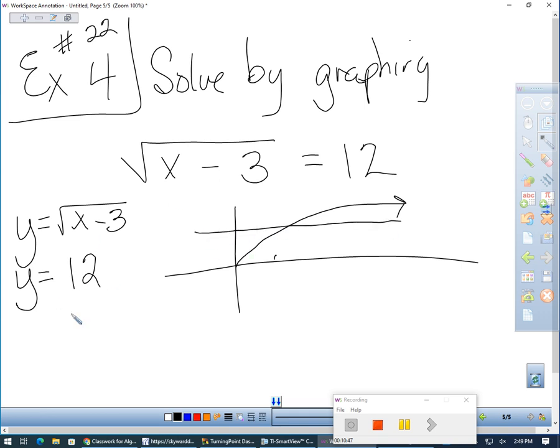So where they cross, where they intersect, is your solution. Again, it's stuff we've done before. I just want to explain what your book is trying to ask you to do. So you can solve it algebraically or you can solve it graphically. Is there any question? Awesome.